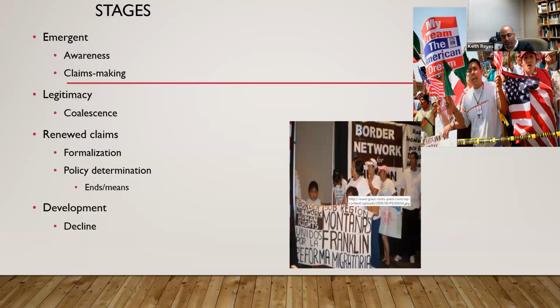And it depends where you are politically and ideologically, because on the right, you have individuals that believe it should be addressed one way, and then on the left politically, you have individuals who believe it should be addressed another way, right? So in this third stage of formalization, of policy determination, of renewed claims, you have individuals looking at, okay, how exactly are we supposed to solve or address it, and what should it look like if this problem is addressed?